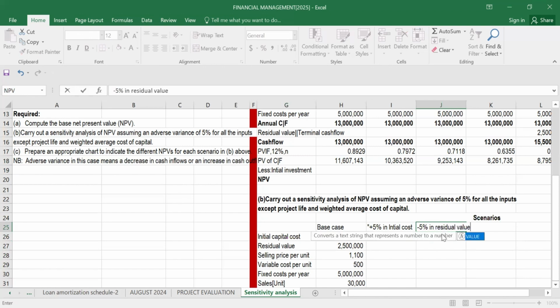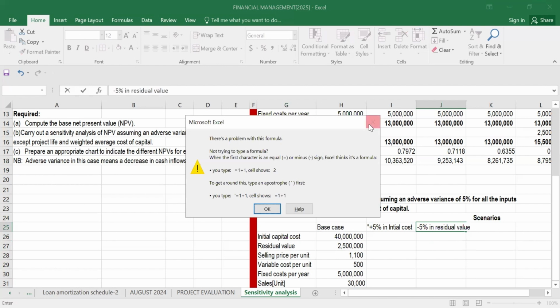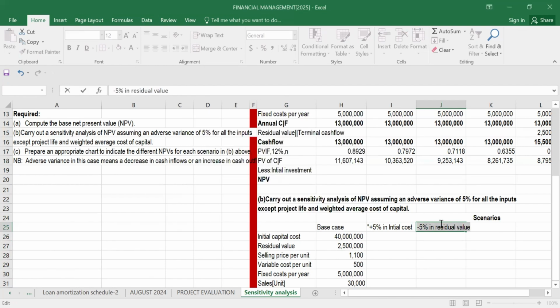When you press enter it gives a problem. So to avoid that, you always start with that apostrophe in front, and the problem goes away. The same case here. Maybe you can just remove this. Yes, like that.